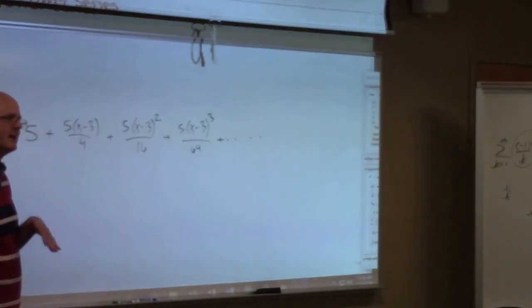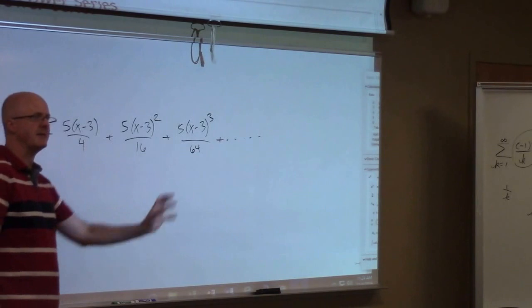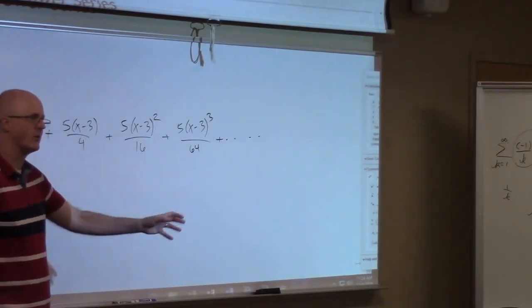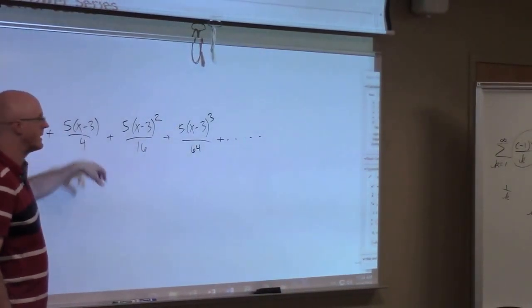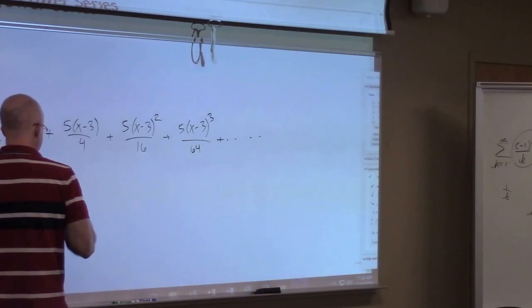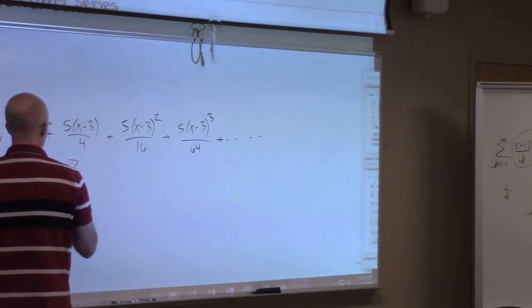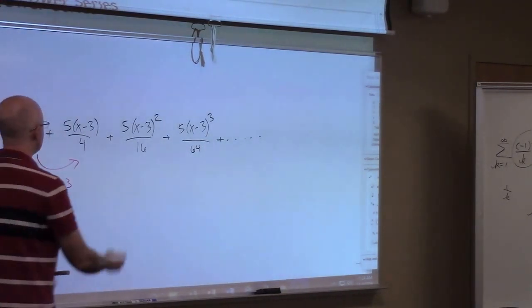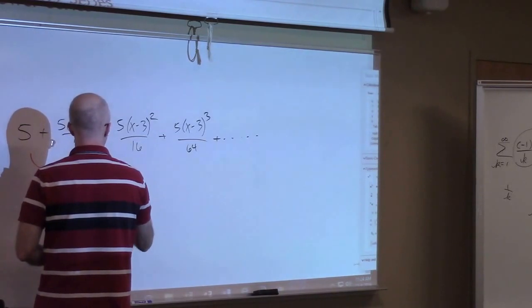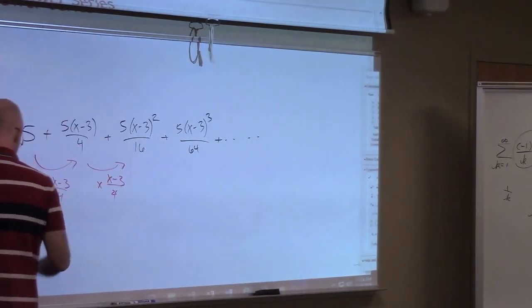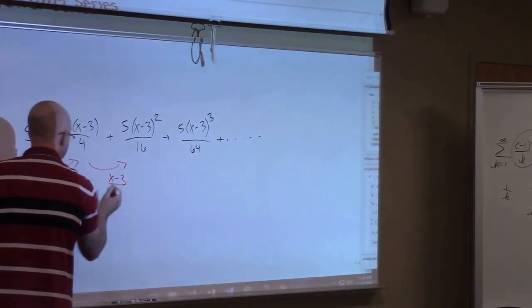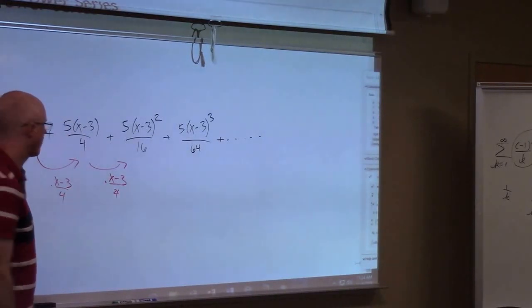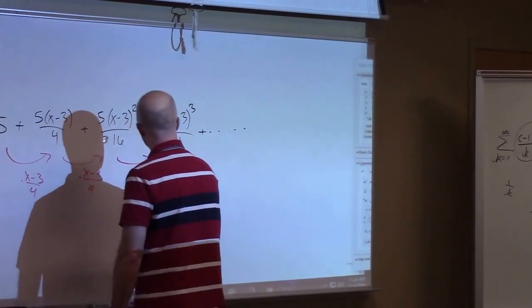There is a quantity that I can take and multiply each term by to get the next term, or that I can take any given term, except the first one, and divide by the preceding term to get that common ratio. The common ratio does involve x. The common ratio is (x minus 3) over 4. In each case, multiply by (x minus 3) over 4. This x was supposed to be a times; probably would be better to put a dot. Keep multiplying by (x minus 3) over 4 to get the next term.